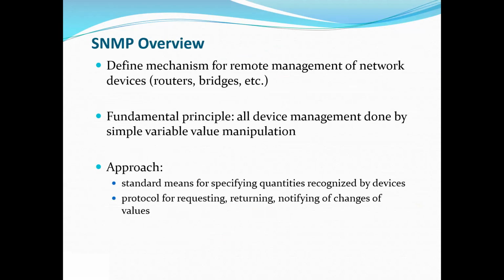An overview is basically that you define a mechanism for remote management of network devices, routers, and bridges. The fundamental principle is that all device management is done by simple variable value manipulation. You have this data structure, the MIB of all the variables, and you just exchange information about these variables.